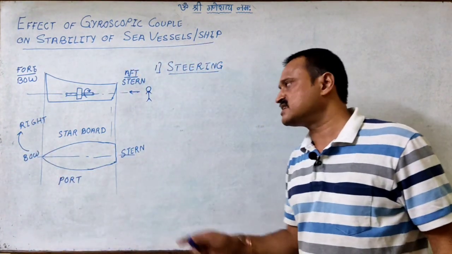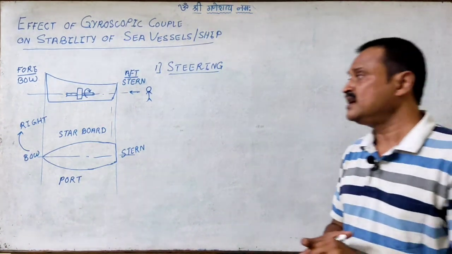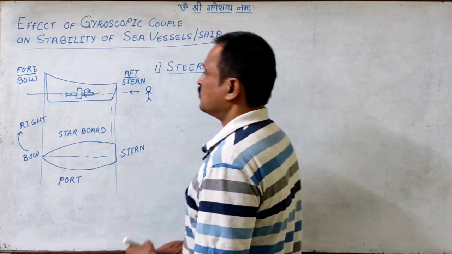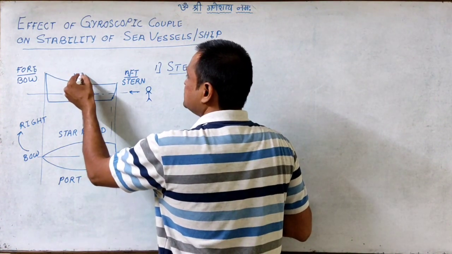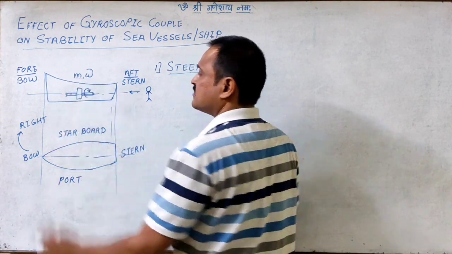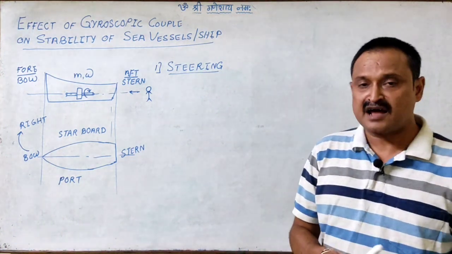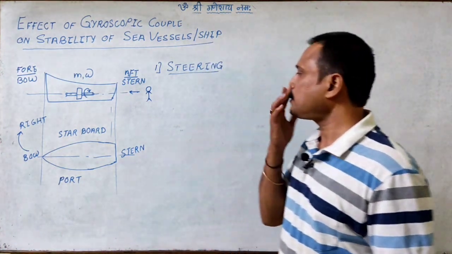We can even change the condition and see how the couple is getting affected. So the rotor mass is, let us say, m, and it is spinning at an angular velocity omega, or maybe the RPM is known to us.